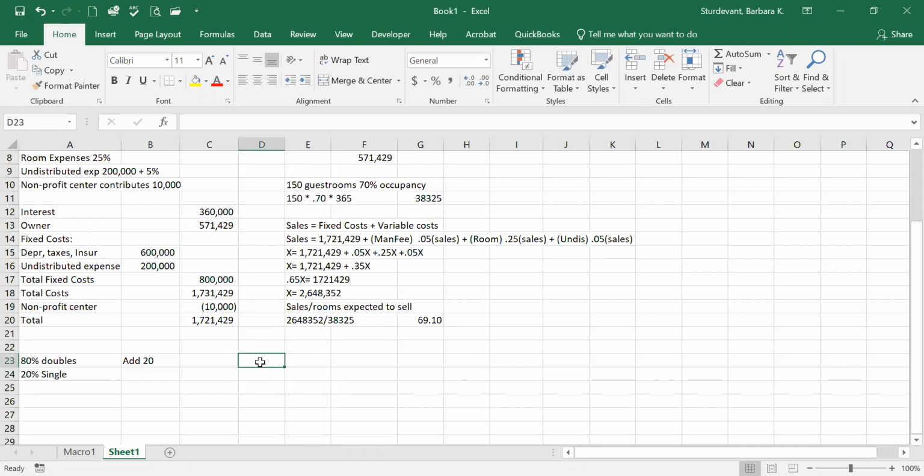So the first thing we need to do is figure out what our singles are. So our single is 20% of X. And our doubles, here's your algebra, is 80% of X plus 20, because the rooms were $20 more.